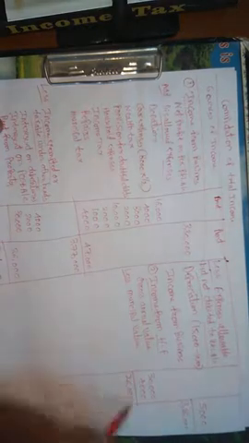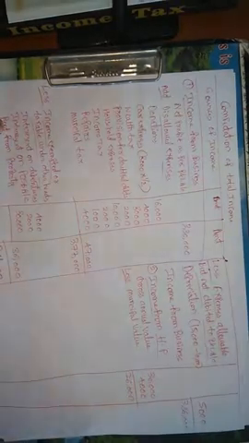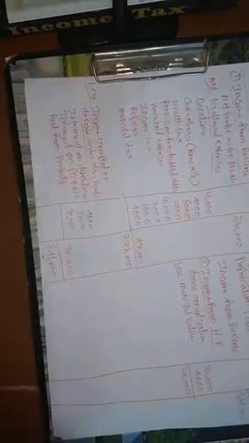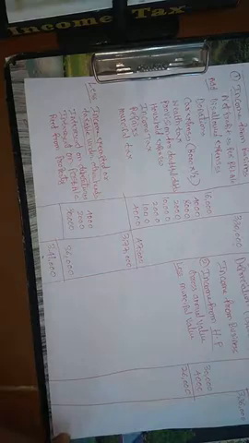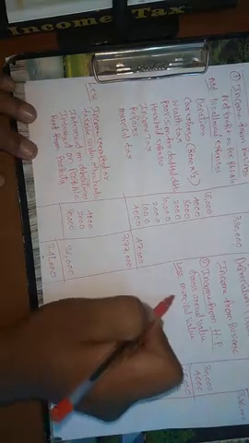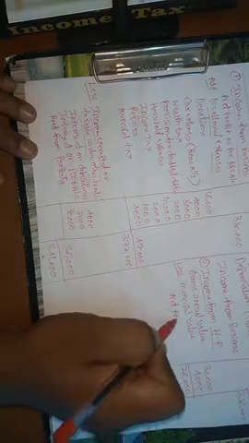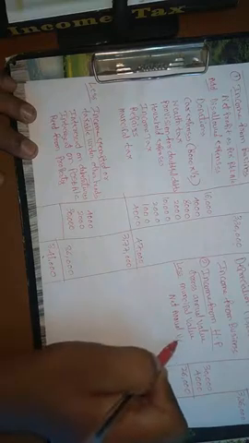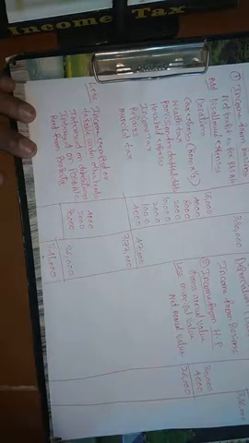Municipal value is 4,000 rupees. So we get 26,000 as the value. Now this is called net annual value.